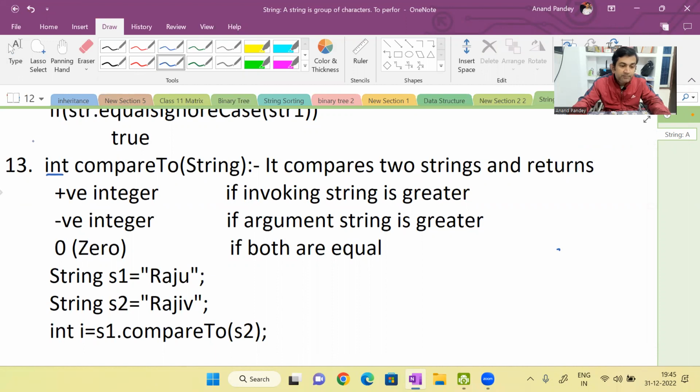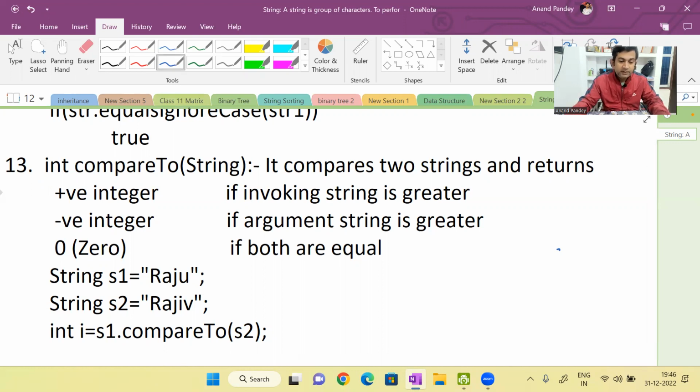It may seem that the return type is true or false, boolean, because of the name of the function. Compare to means you will think it will compare something and return true or false, but nothing is like that. The return type of this function is not true or false. It is int. It returns a positive integer, negative integer, or zero.